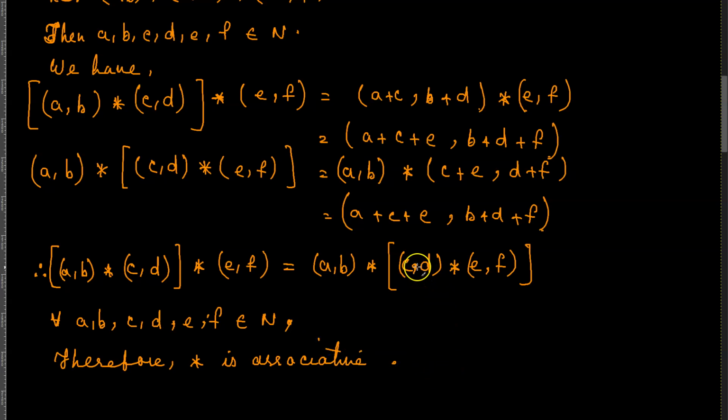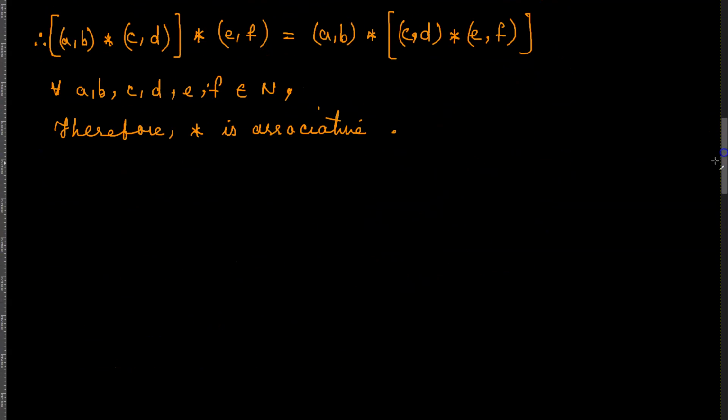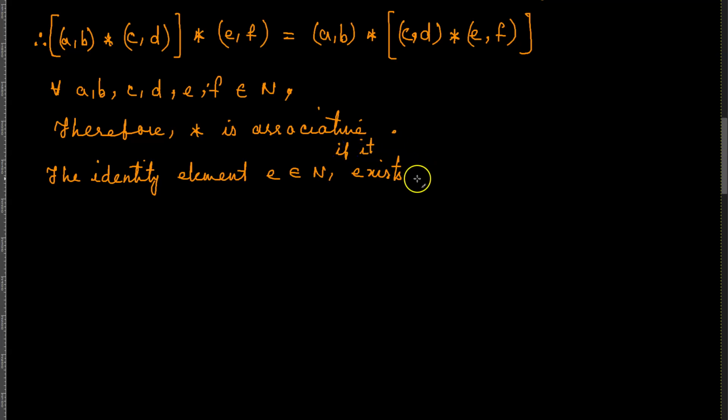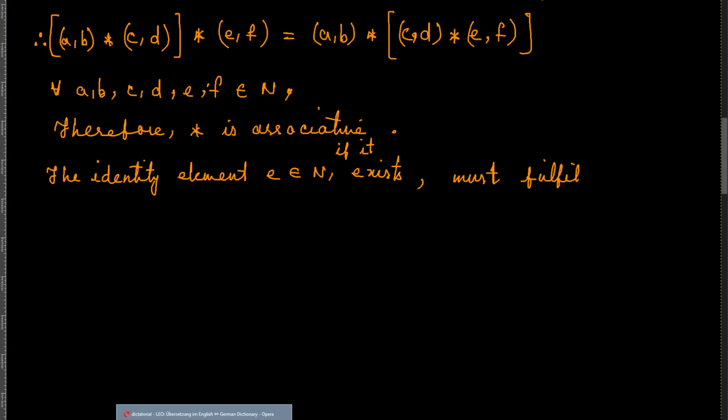Now, in order to find the identity element, the identity element E belonging to A, if it exists, of course, must fulfill the condition.